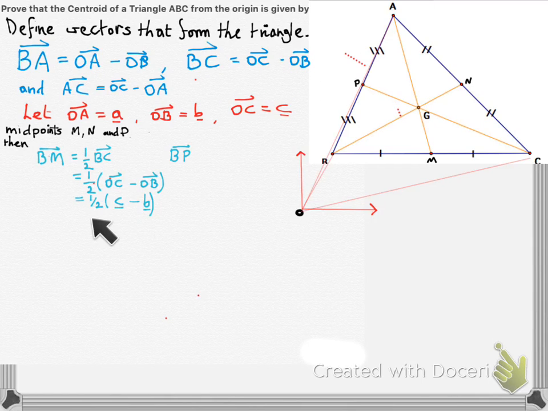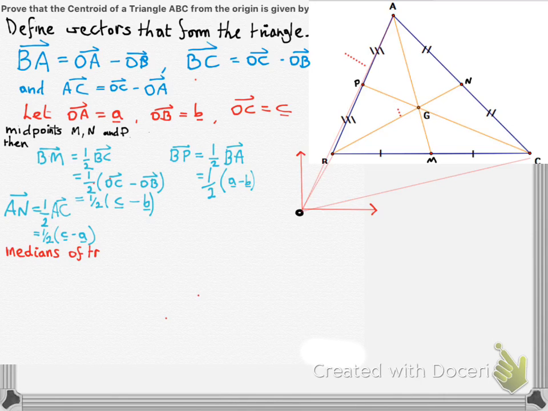So by simplifying, I get this bit of expression for the midpoint. We could say the other things about B to P. So going from B to P, well, it's half of B to A. And finally, something about A to N. So A to N, well, that's half of A to C. And we can simplify it in terms of vectors A, B, and C from the origin, the position vectors.